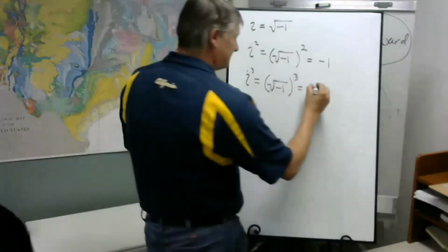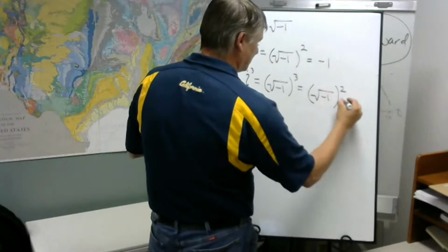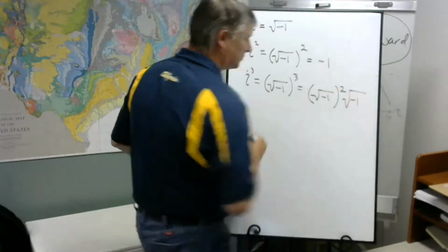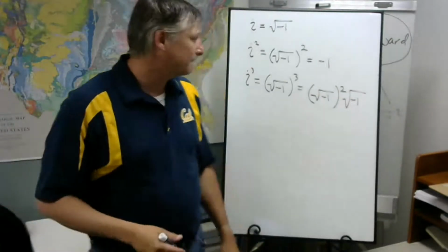Well, we can rewrite this as the square root of -1 squared times another square root of -1.